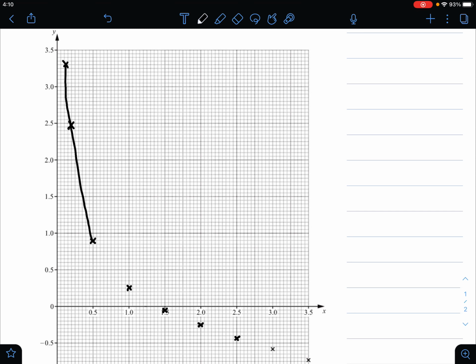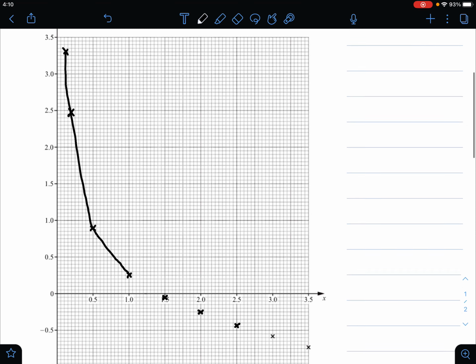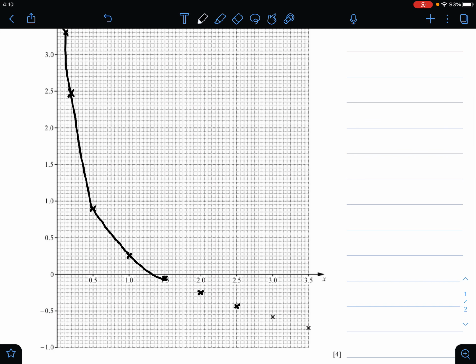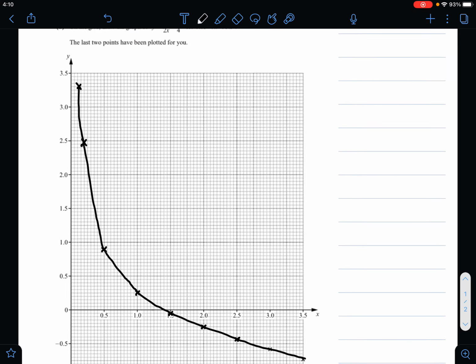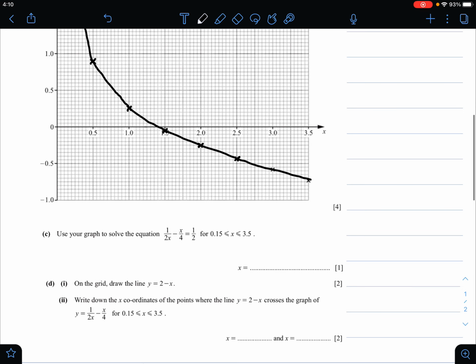My answers may not be as accurate as they're supposed to be because I'm using a stylus, but since you're using a pencil, you can make it as accurate as you would like. Right here, like this. Okay, now we've drawn the graph, so let's go ahead with part C of the question.